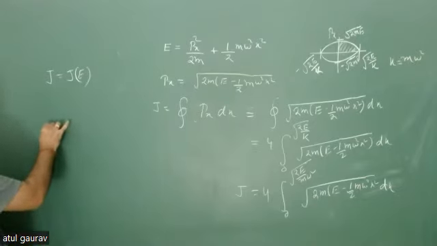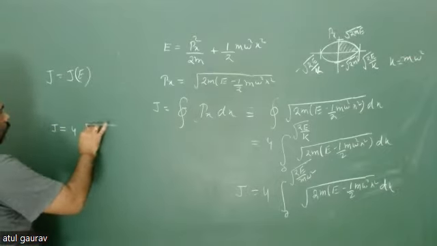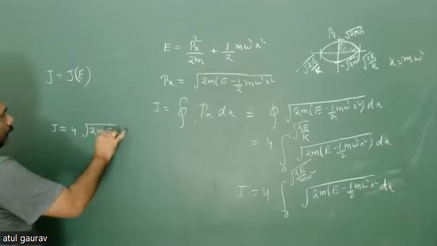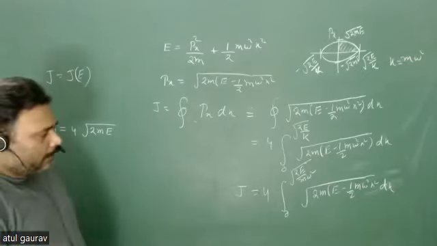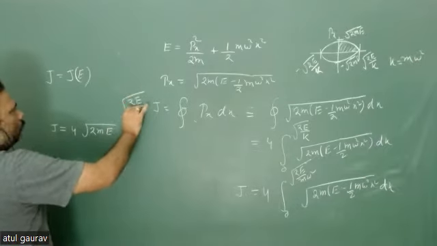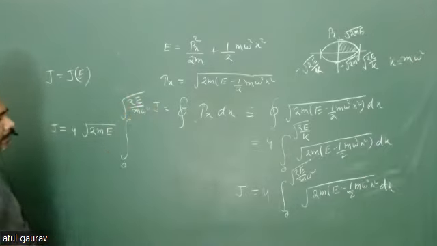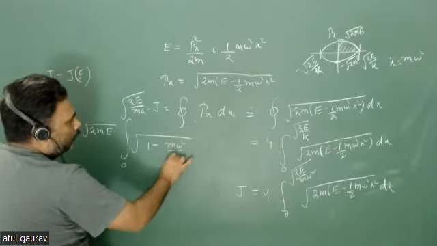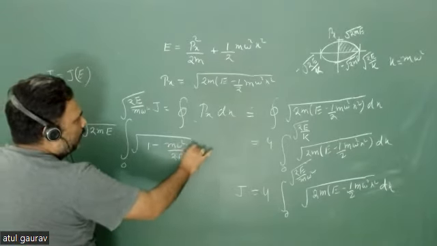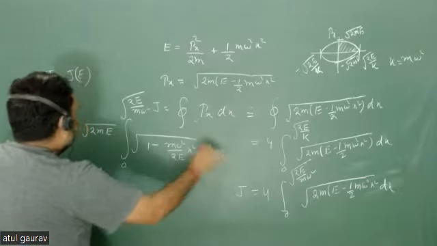Very good. So what will you do? You will just write J is equal to 4 times root under 2mE, and you will go from 0 to root under 2E upon m omega square, and here we have root under 1 minus m omega square upon 2E x square dx.